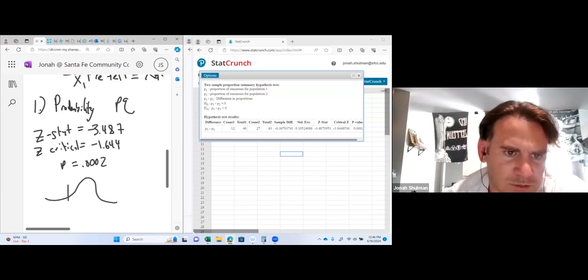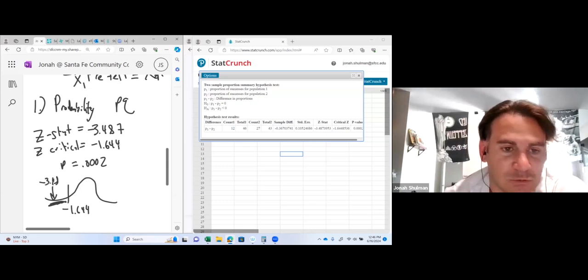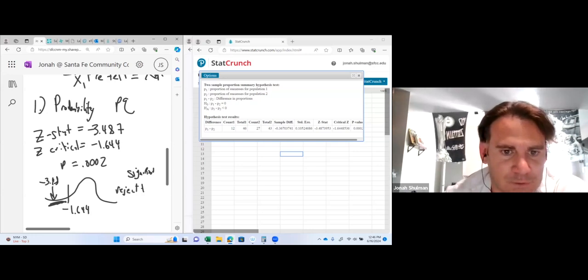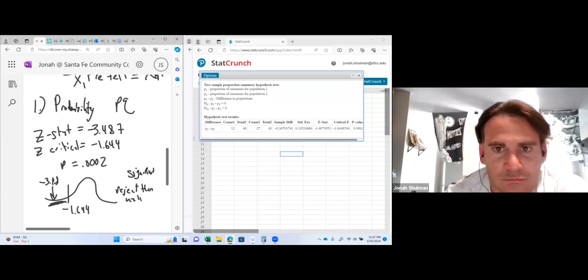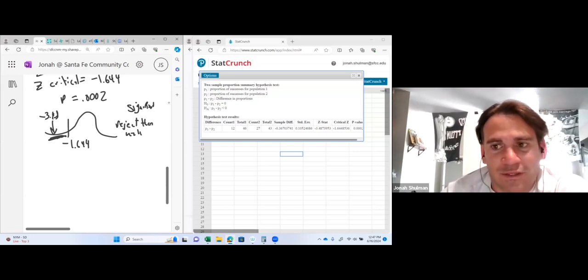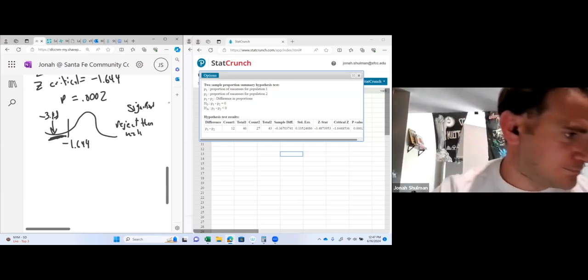Well, the critical value is here at negative 1.644, because we just care about this tail, and our test statistic, the negative 3.48, fell here. We can say it's significant. We can reject the null and say that people spend more quarters than dollars, or you can write whatever you want. Let me double check it in the book.